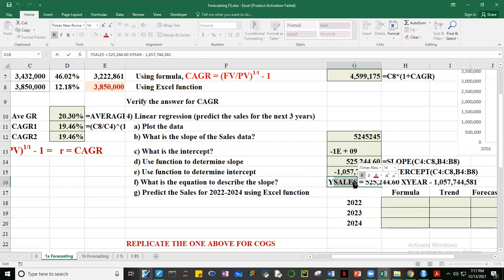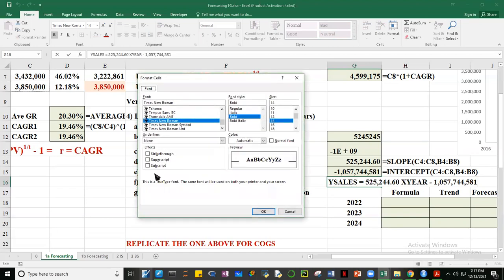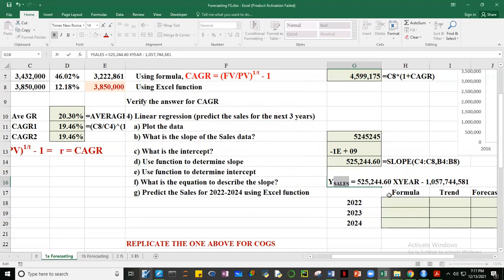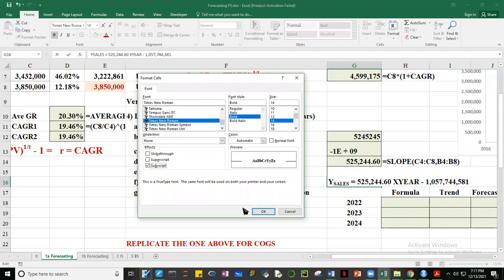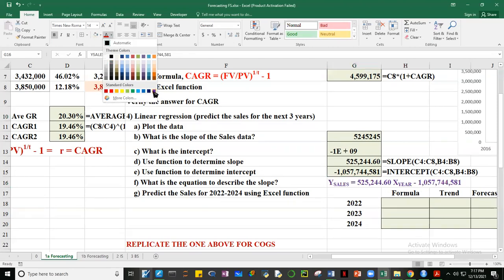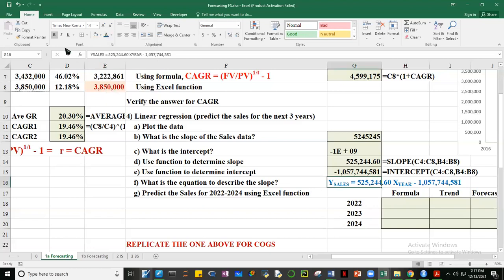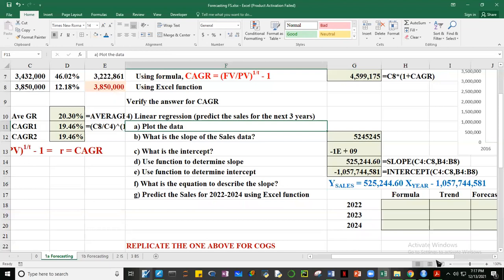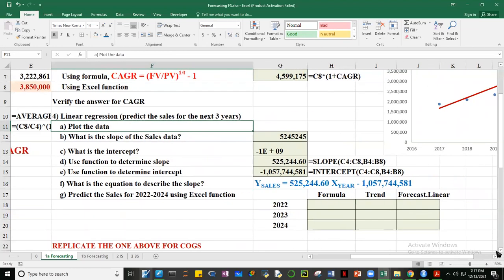Gawin na lang natin itong i-subscript natin. And then also this one. Okay, there. Color natin. Okay.